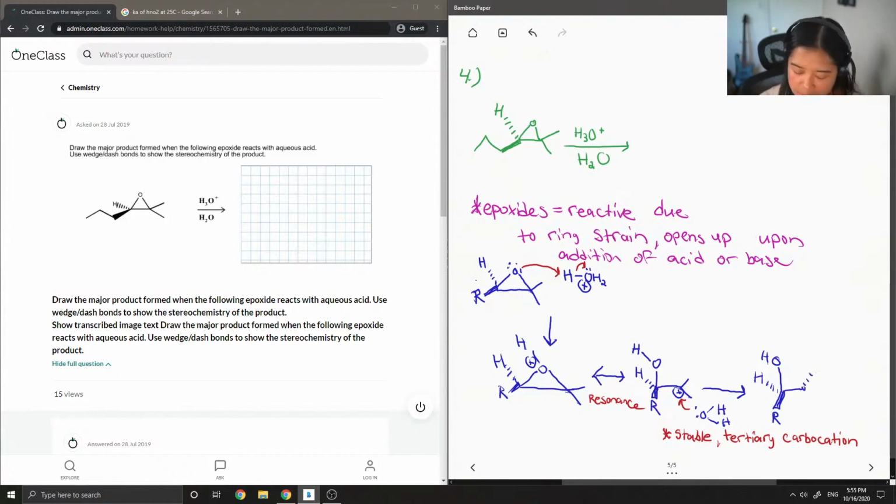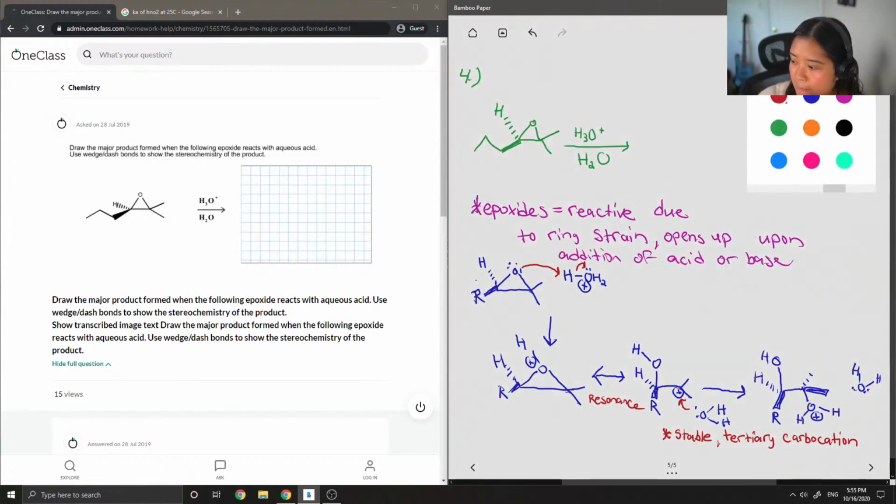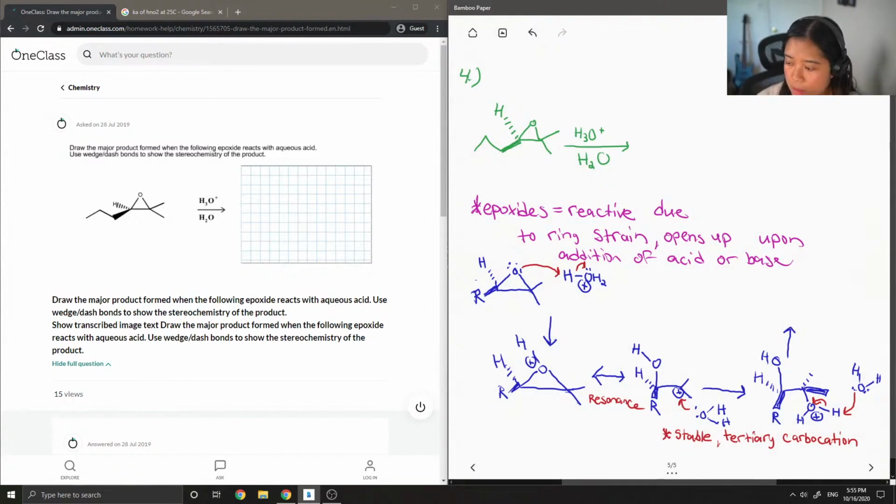I'm going to draw the stereochemistry that happens. And now this oxygen is positively charged. And then from there, you have another water molecule come in, and then it's gonna deprotonate that to relieve the oxygen of the positive charge. And then this gives us our final product.